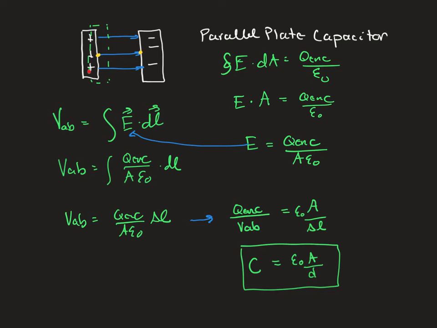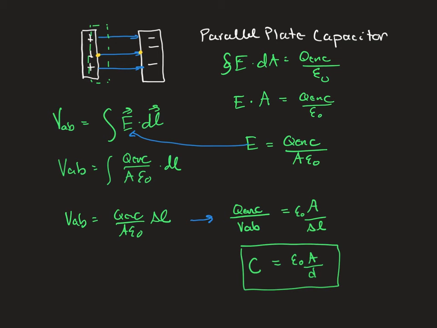So first I've drawn my Gaussian surface here, and because this is a conductor, the electric field along here is zero, and I only have electric field coming out of one surface of the Gaussian rectangular prism. So when I apply Gauss's law and I plug in for area, it's just A, or length times width.